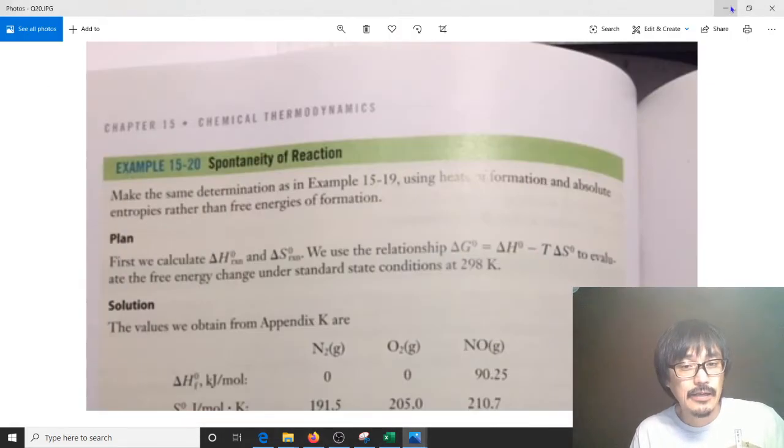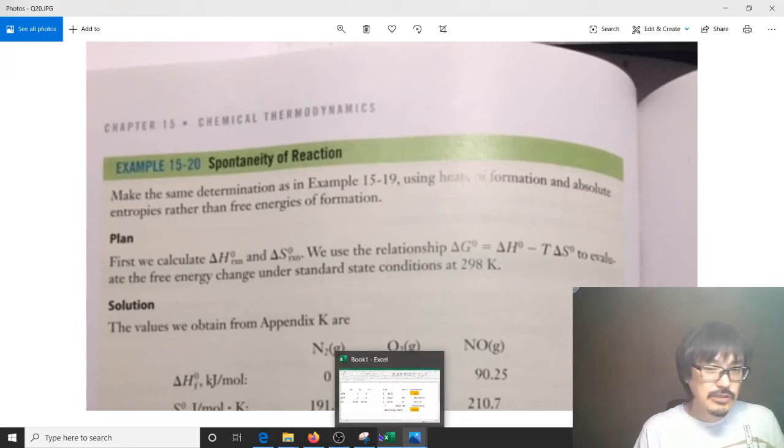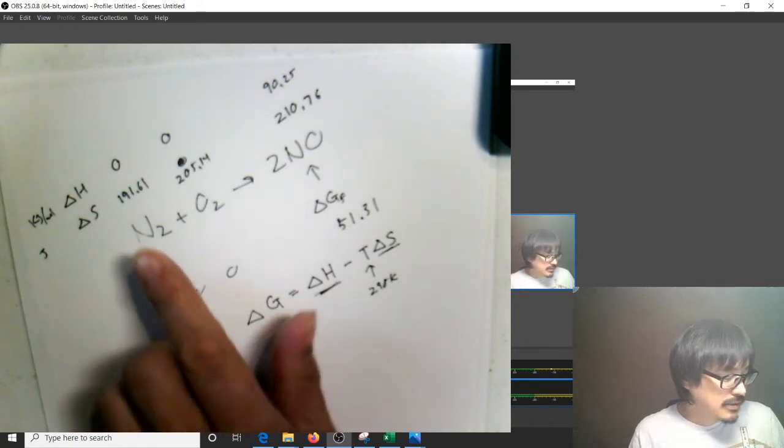Alright, so I got all of those. The information I got is these values.